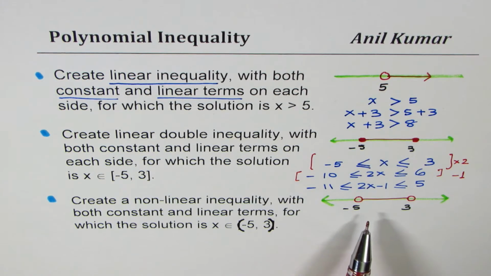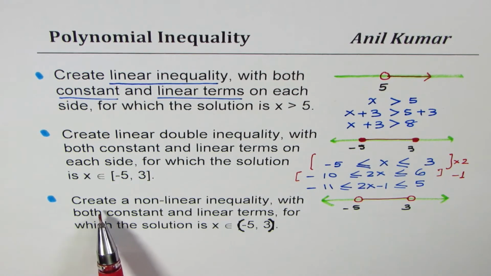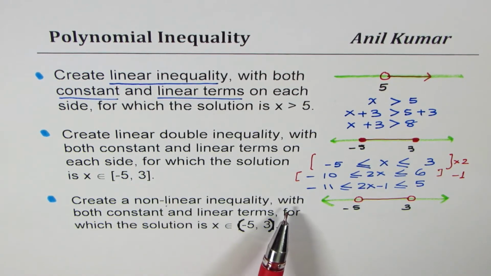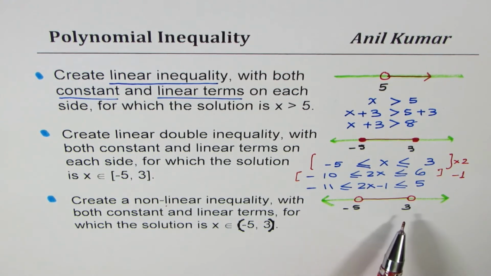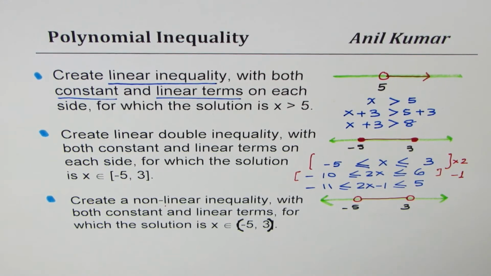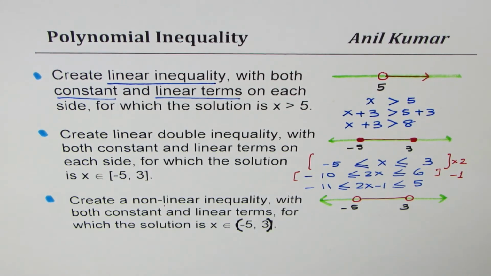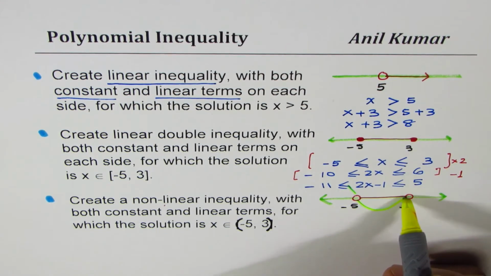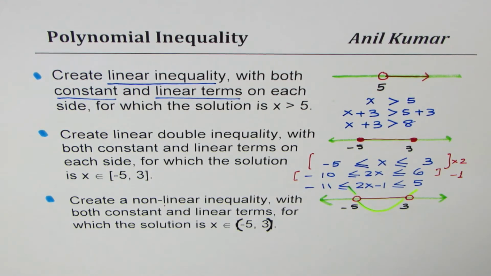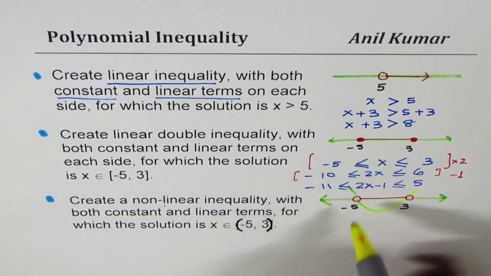Now let's get back to the last one here. It says, create a non-linear inequality with both constant and linear terms for which the solution is x belongs to minus 5 to 3, both not included. Right? So when it comes to non-linear, think about a parabola or a cubic function. If I'm thinking about a parabola, for example, that could be one. Do you see that parabola? Now, if I want this center portion to be my solution, then what am I looking for?